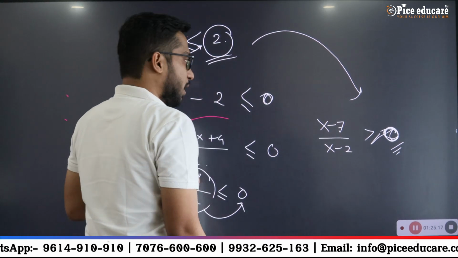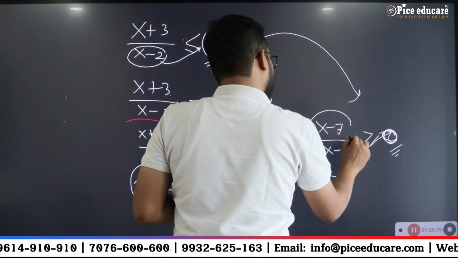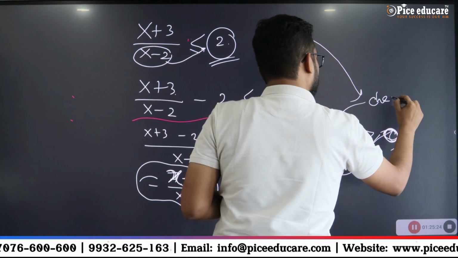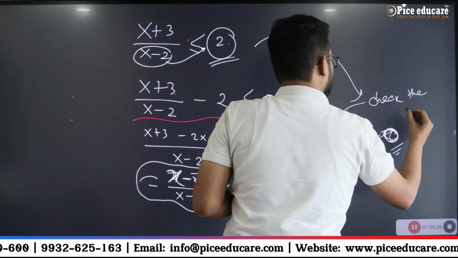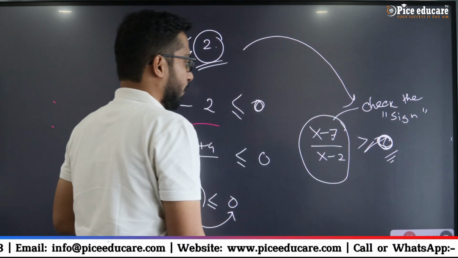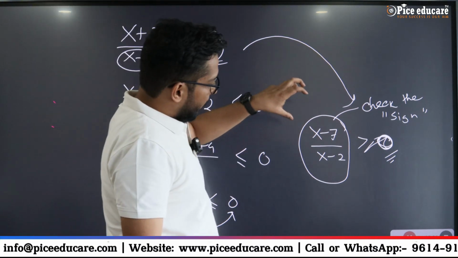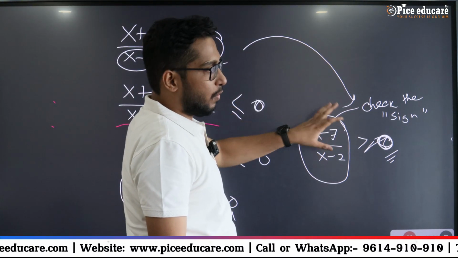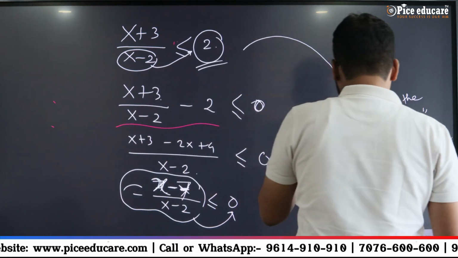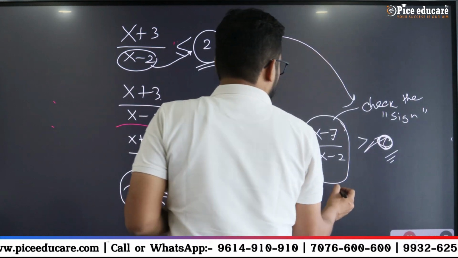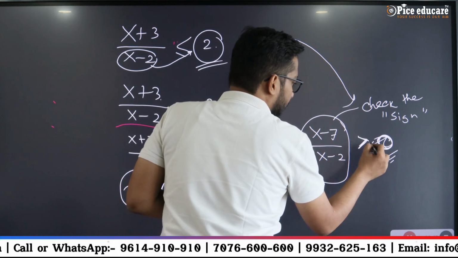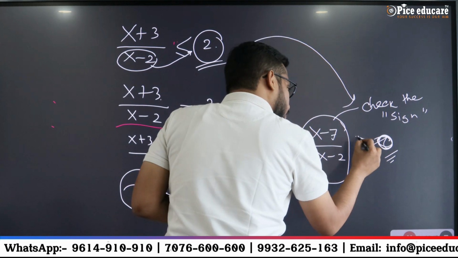So now your whole goal is to check the sign, not the value. Your goal is to find whether this quantity is positive or negative. Now if you start by observing this phenomenon, I have been given that this quantity has to be bigger than or equal to 0.